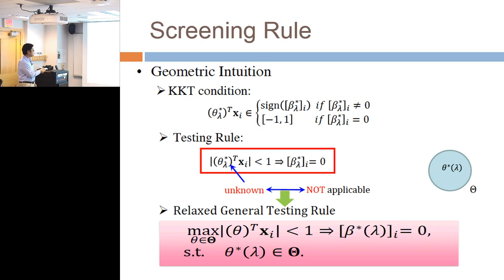Otherwise, if it's in this closed interval, then it must be 0. So according to these two rules, we can conclude that if the absolute value of this inner product is strictly less than 1, then the corresponding component must be 0. So this is actually algebra.